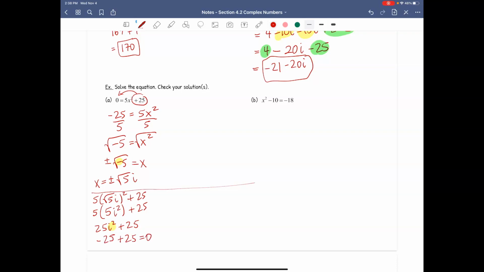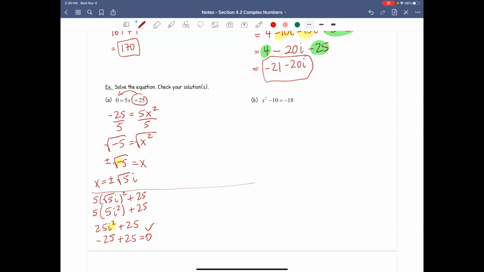And so we end up seeing that this solution of positive square root of 5i does satisfy the original equation, which means that it is a correct solution. I'm going to let you try to plug in negative square root of 5i into the equation and see if it satisfies that original equation, just like I did for the positive solution.